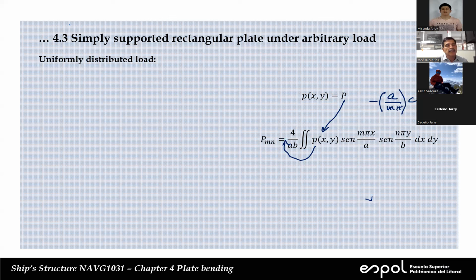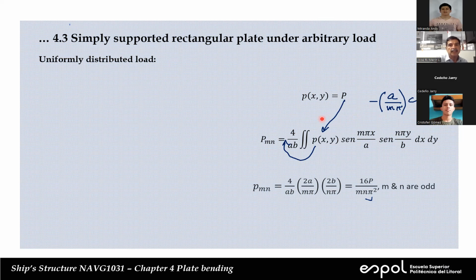Ms. Valdez, cosine of 2 pi. 1. Yes. Minus cosine at 0. Ms. Valdez, what is the cosine at 0? 1. So we get 1 minus 1 that gives you 0. So when m is even, this will give us 0. When m is odd, this will give you 2.